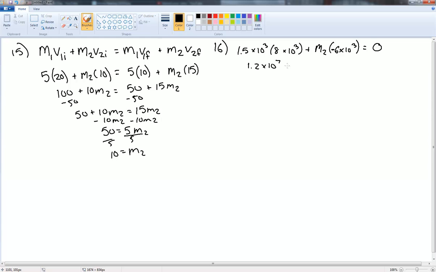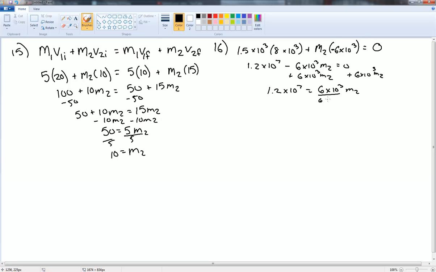And then this will be minus 6 times 10 to the third m2 equals 0. So I can add this to the other side. And I'll get that 1.2 times 10 to the 7th equals 6 times 10 to the third times m2.